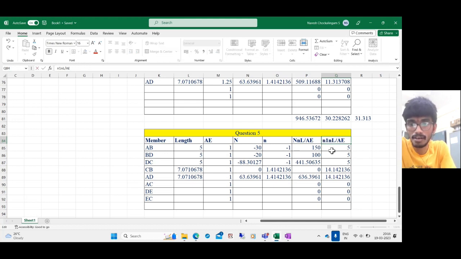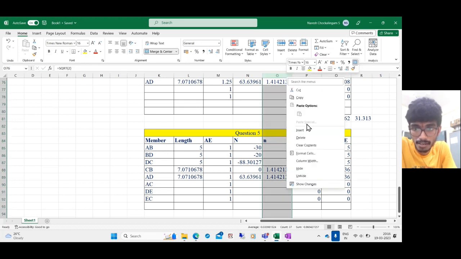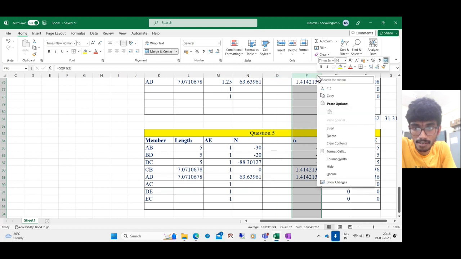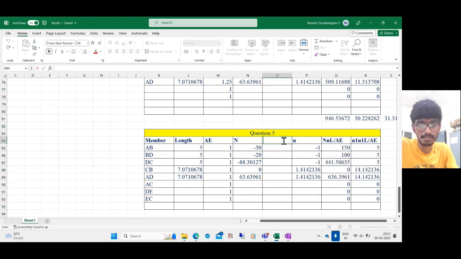But you have two virtual forces. So these are the internal displacements due to the virtual force 1. And let me insert a column here. This is N1. N2.